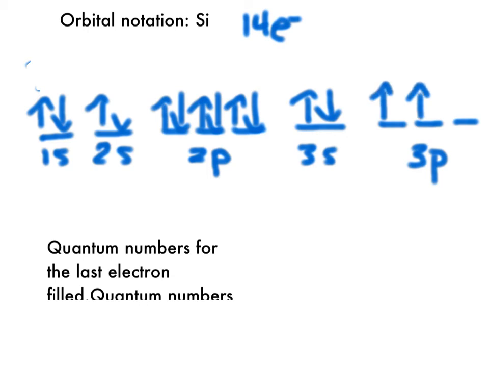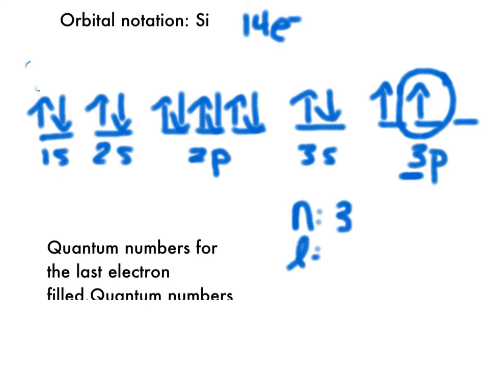Now if I asked you to do the quantum numbers for the last electron filled, that's this guy right here. And so we would say N is 3. That comes from right there. We'd say L is going to be 1, and that's from the P value, because remember on the last slide I showed you where 0 is S, P is 1.